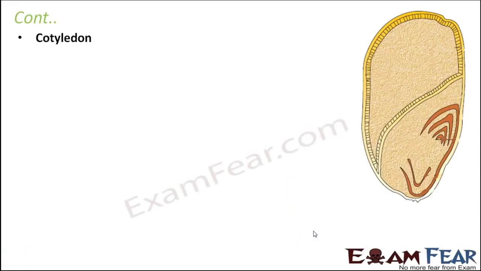The next part is the cotyledon. Cotyledon is nothing but the seed leaf. It is a single cotyledon, which is also known as scutellum. Where do we see the cotyledon? This is the cotyledon, this portion. Basically this is the scutellum.